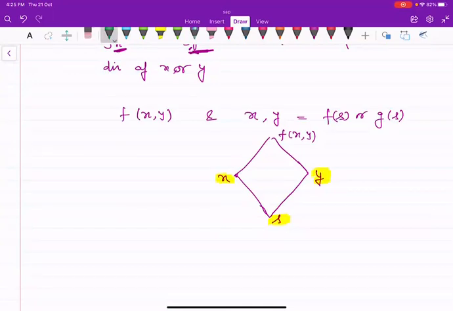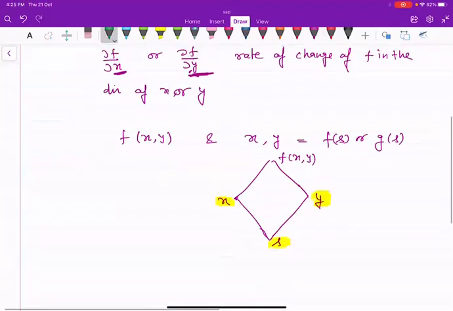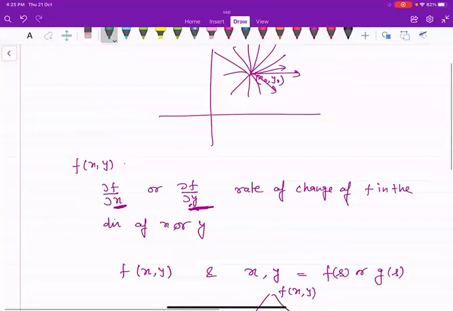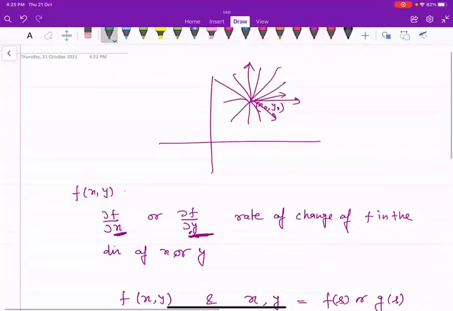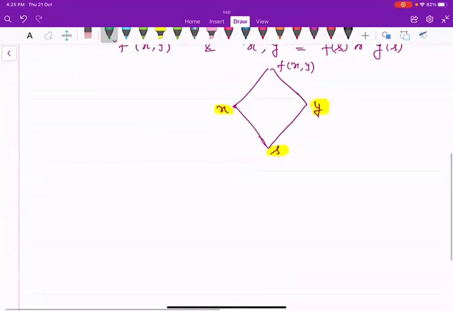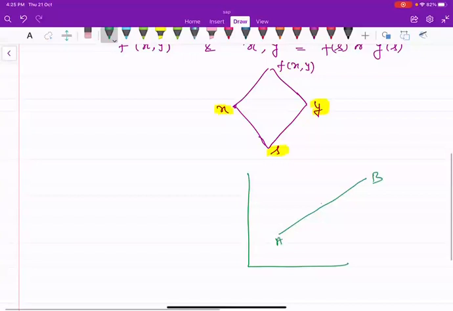Then if we are interested to compute the rate of change of f in any direction, except this x and y direction, like I told you, we are talking about the rate of change of f in any direction. Like these are all different directions. Suppose we are taking a particular direction, here this is the line AB, and the direction of AB is denoted by unit vector u.